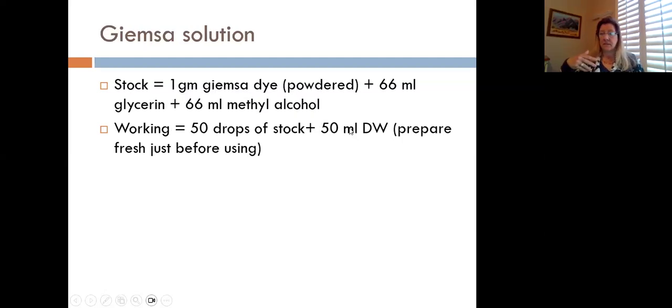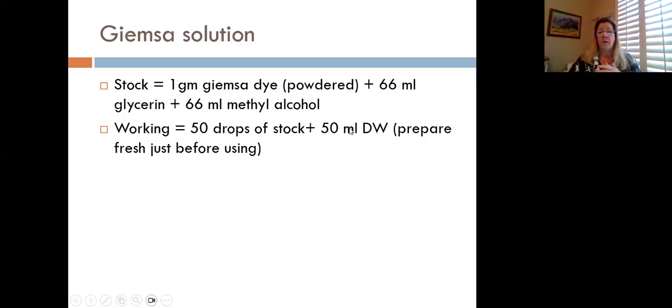Then your Giemsa solution. And just so you know, not everything has a stock. Stocks are made so that we can keep it around longer, to utilize it longer. Working solutions have less of a shelf life than stock solutions do.